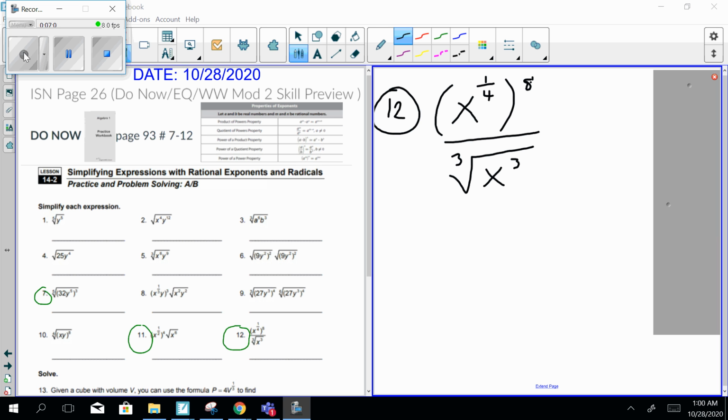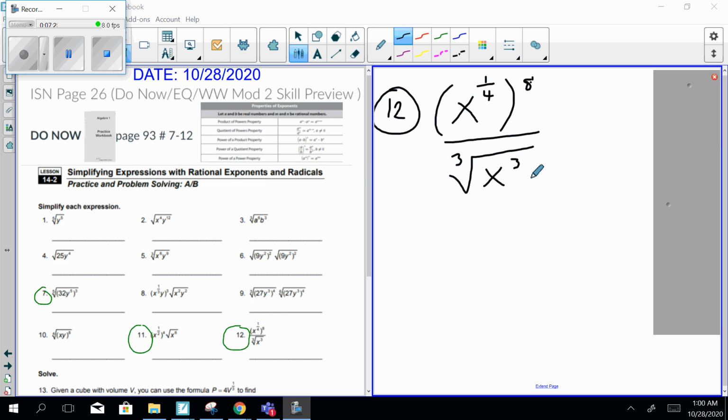We have x to the 1/4 power, all raised to the 8th power, divided by the cube root of x to the 3rd power. Okay, in this question, you can handle the numerator and the denominator in part until you can simplify out to reach your answer.